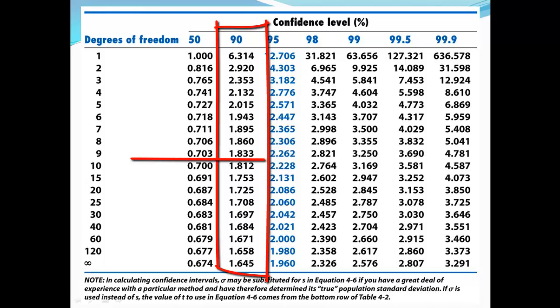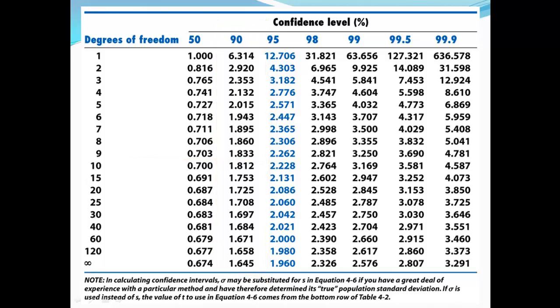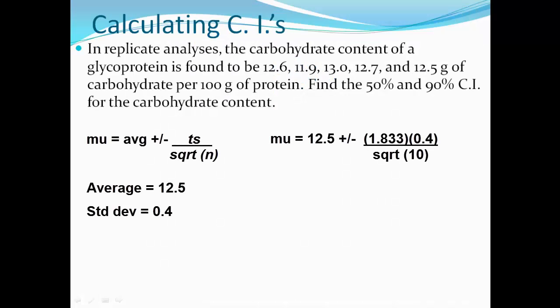So you plug that into the equation, so it would be 1.833 times 0.4 divided by square root of 10, because it says that it changed the number of measurements to 10. And that should give you 12.5, same average, plus or minus 0.2. And notice that the more measurements you do, the smaller your interval gets at a better confidence level. And that's true always. Okay, let's move on.